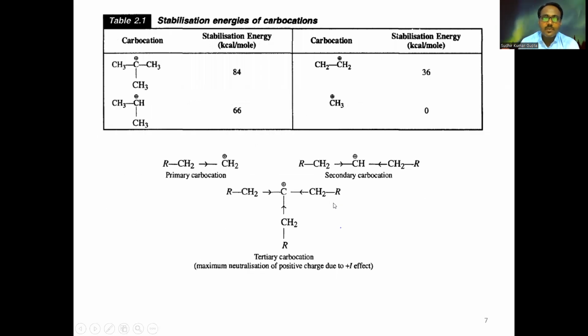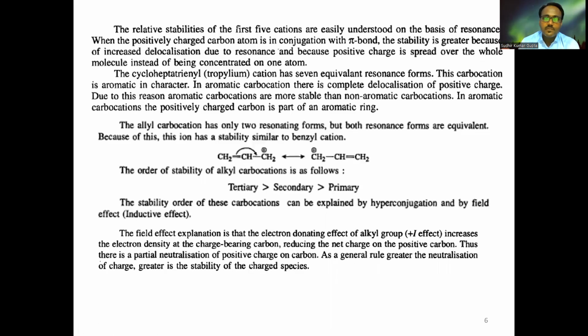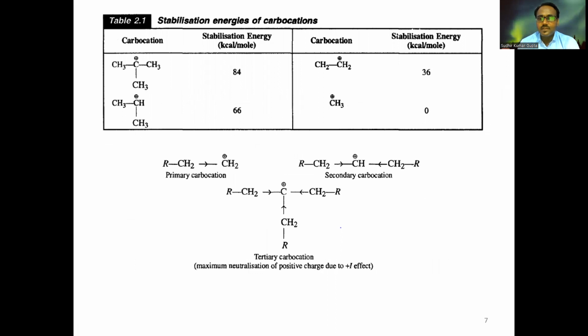And hyperconjugation is also responsible, which causes the increase in stability of tertiary carbocation and least for the primary carbocation. If you want to see it in terms of data, then as compared to methyl carbocation, tertiary butyl carbocation has an additional stability of 84 kilocalorie per mole.